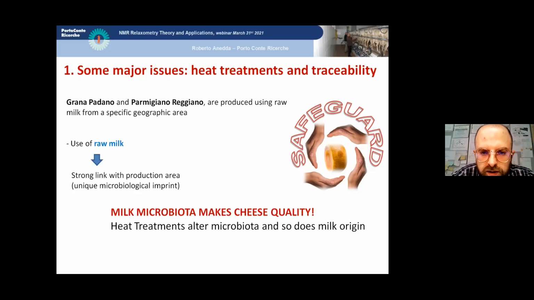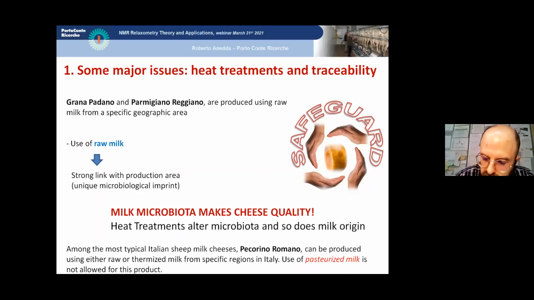That's why these cheeses are produced from a specified region in Italy. So this uniqueness is usually transferred to cheese during ripening, and the richness of microbiota modulates the ripening and quality.